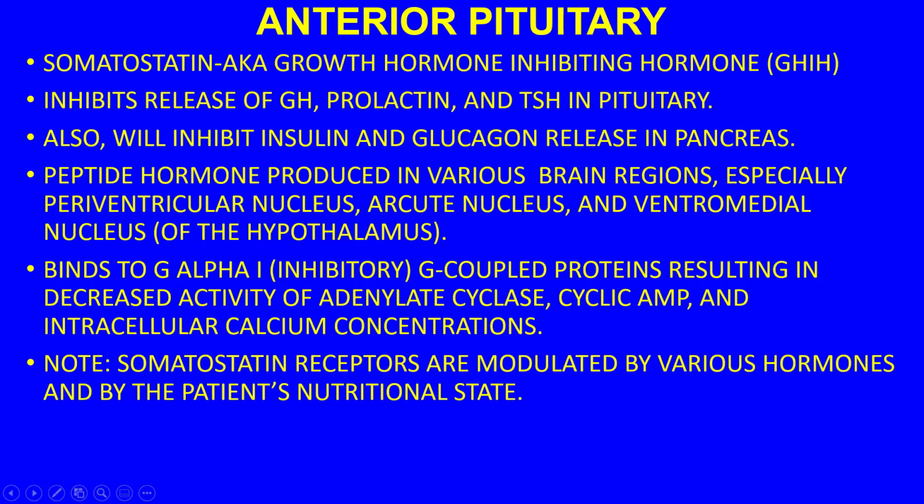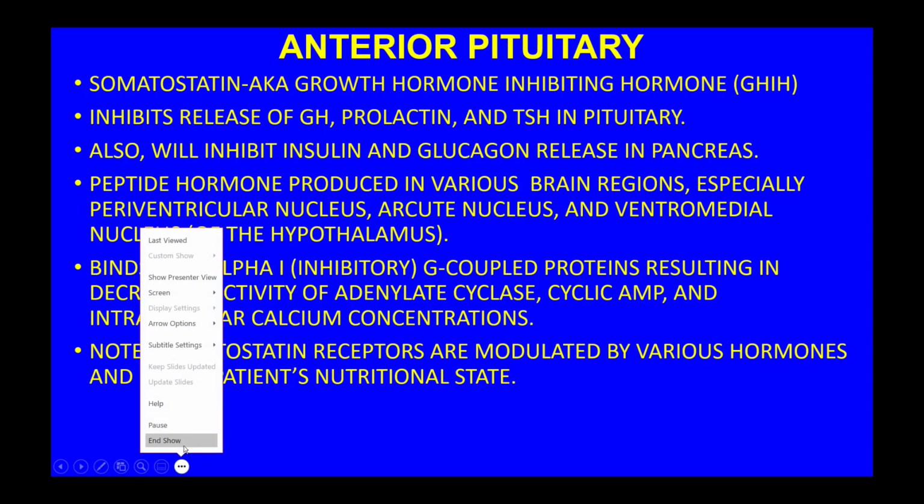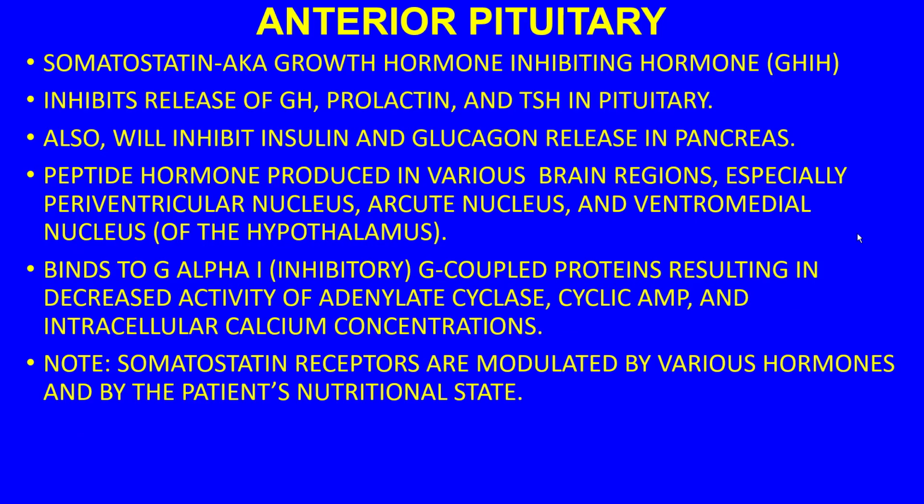What you have to keep in mind is that this peptide hormone is produced in various brain regions, especially the periventricular nucleus, the arcuate nucleus, and the ventral medial nucleus, which are all in the hypothalamus. This hormone will bind to G-alpha inhibitory G-coupled proteins, resulting in decreased activity of adenylate cyclase and cyclic AMP. Okay, continuing.